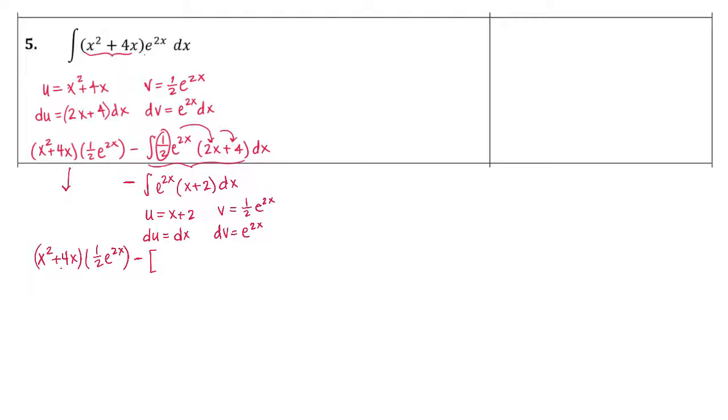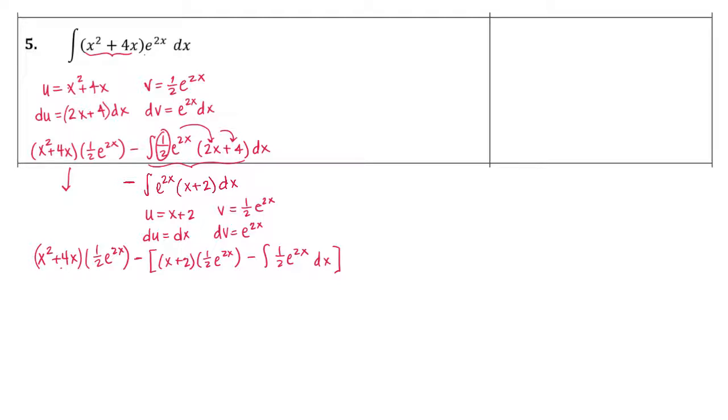So uv, so x plus 2 times 1/2 e to the 2x minus the integral of v, 1/2 e to the 2x du, which is going to be dx. All right, so we have one more integration place to go.